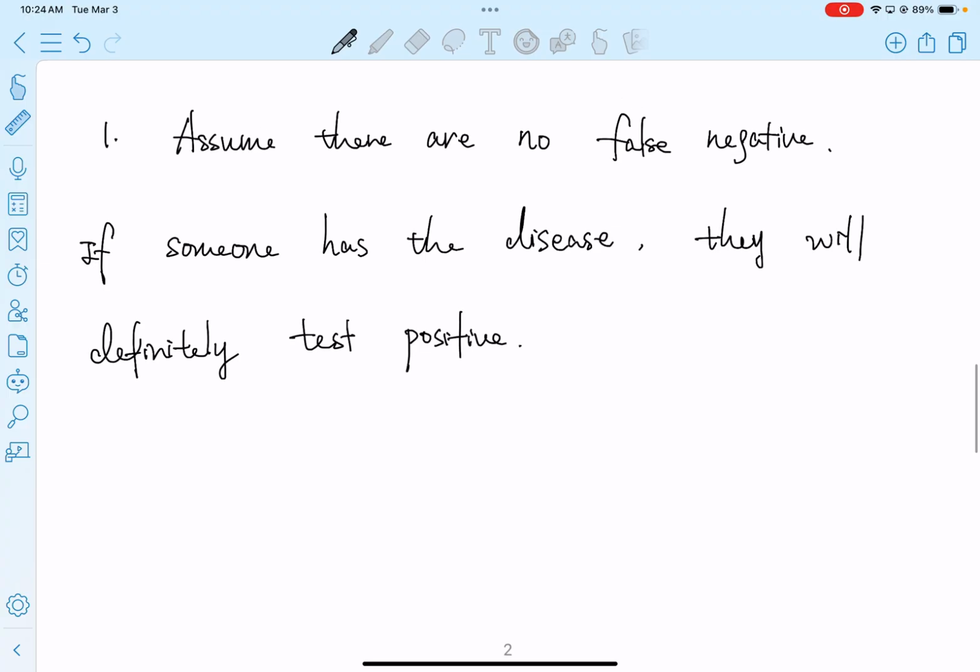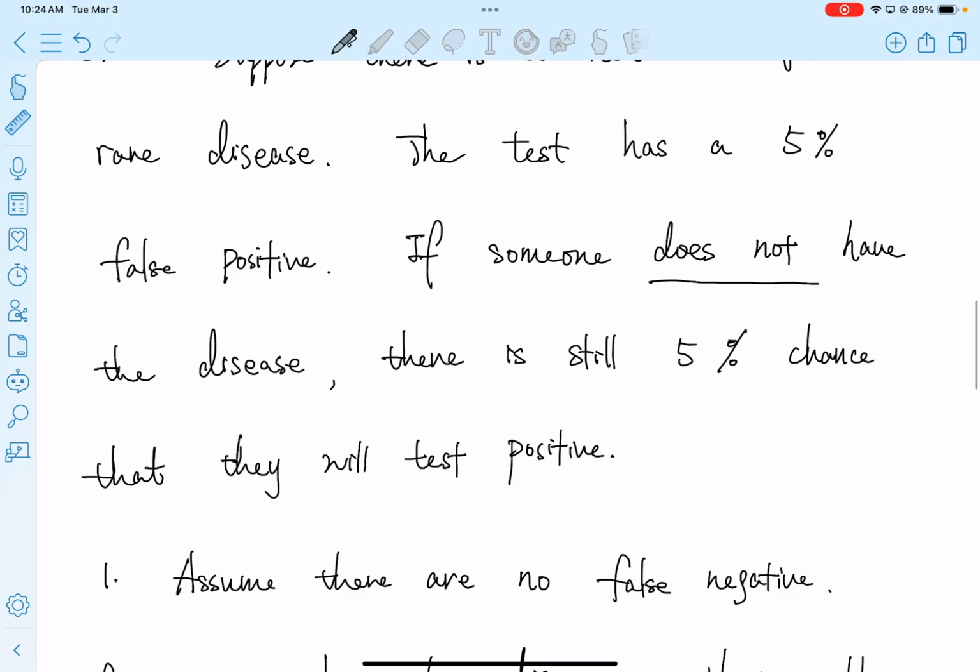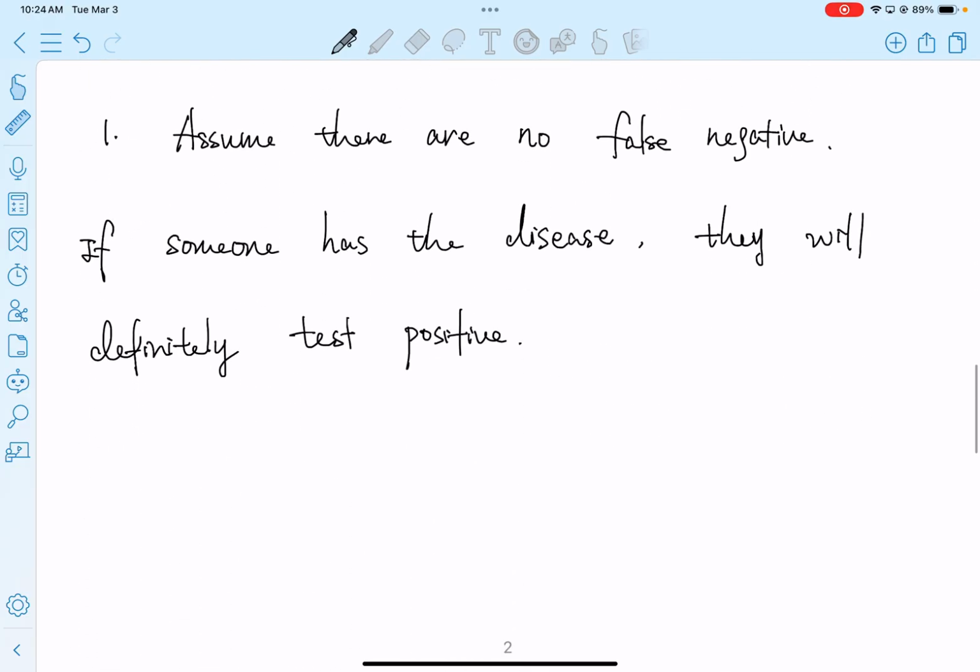In contrast to the previous false positive, here we also assume that the test has no false negative.